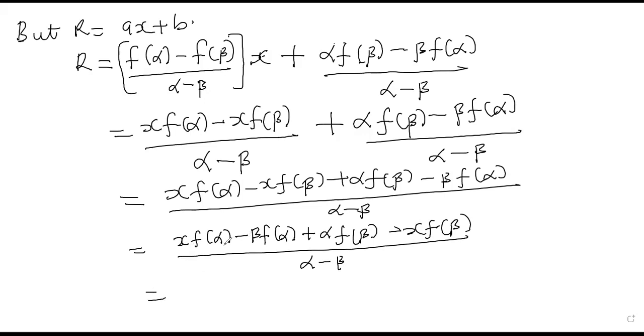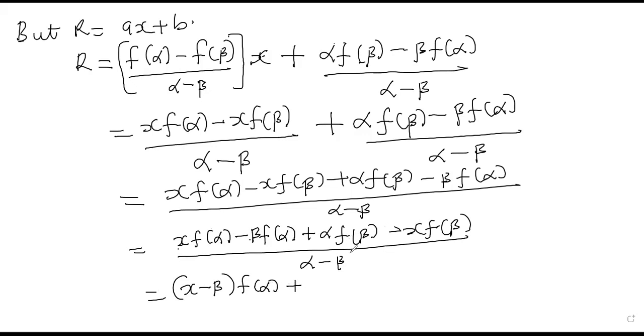Go factorizing here, f of alpha is common. Since f of alpha is common, I will factorize it, meaning it will be x minus beta into f of alpha. Then here, f of beta is common.